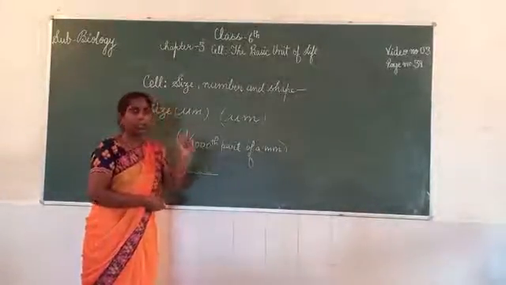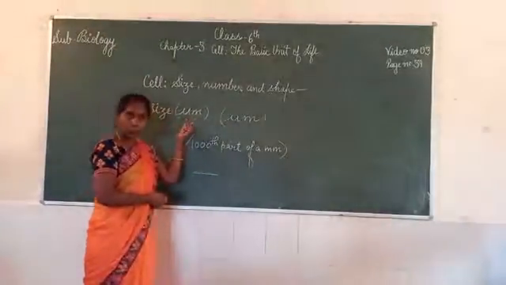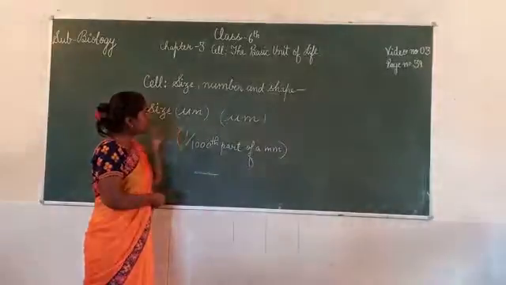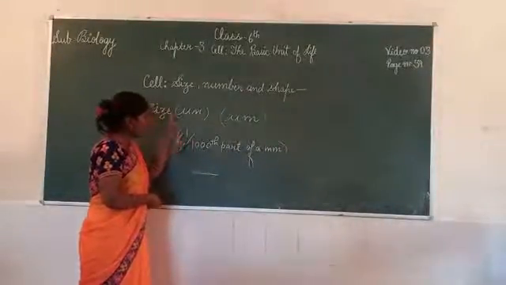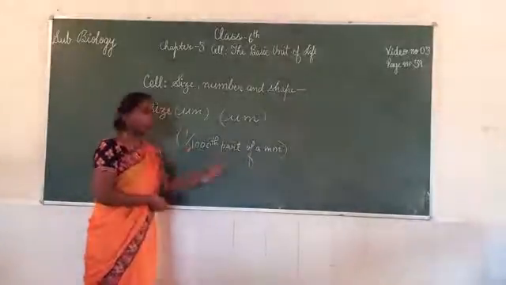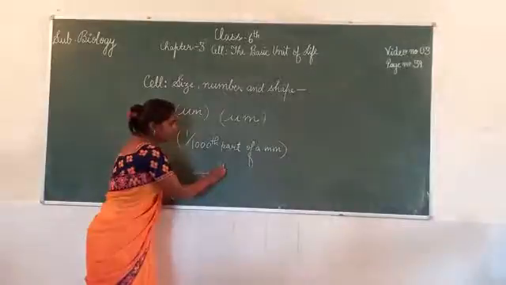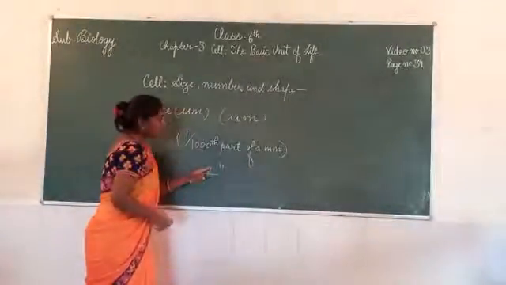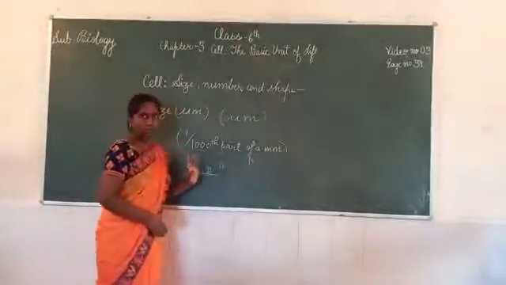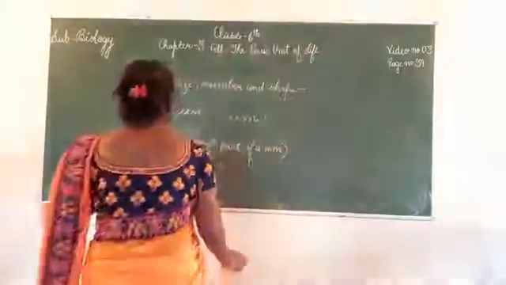It can't be seen with the naked eye. It is measured in micrometers, and a micrometer is equal to 1/1000 part of a millimeter. Only this much length. It's too small.